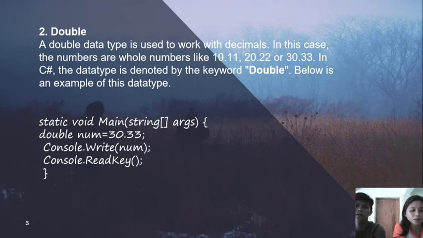We then assign a double value to the variable, and then the double data type is specified to declare a double type variable called num. The variable is then assigned a value of 30.33. The console.write function is used to display the number to the console.